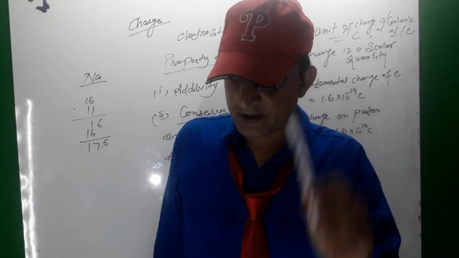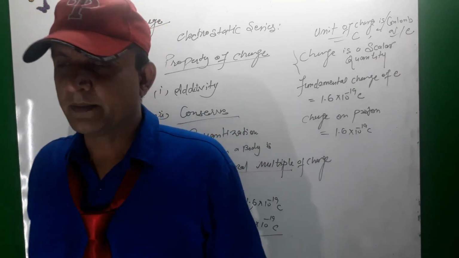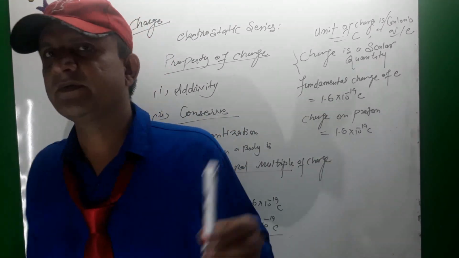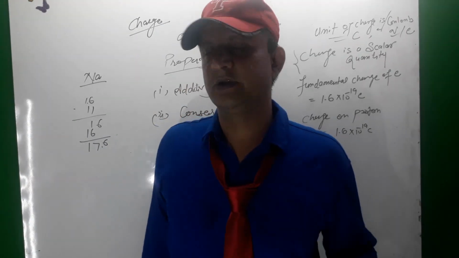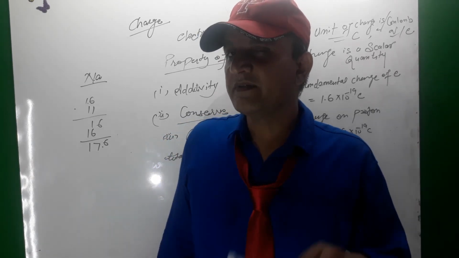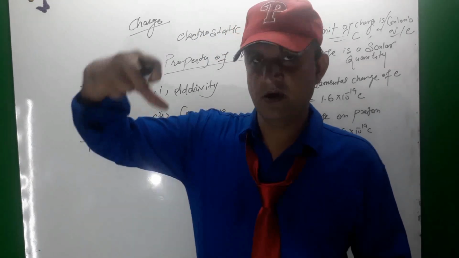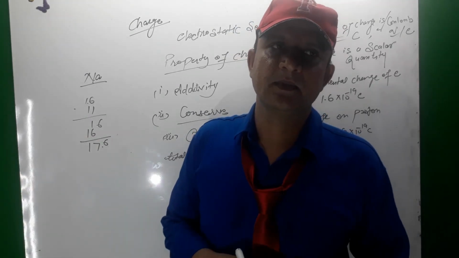Now you can simply find the charge on a body, for which you only have to know how many electrons exist on that body. If you have this knowledge, you have the power to find the total charge.